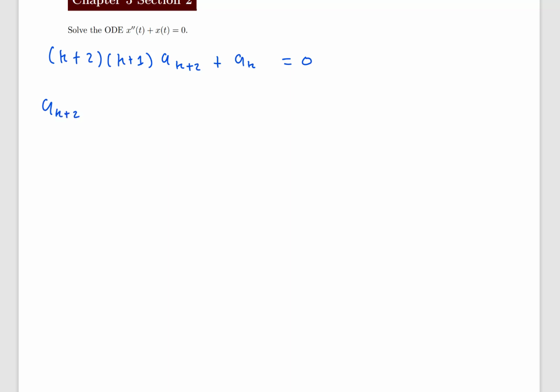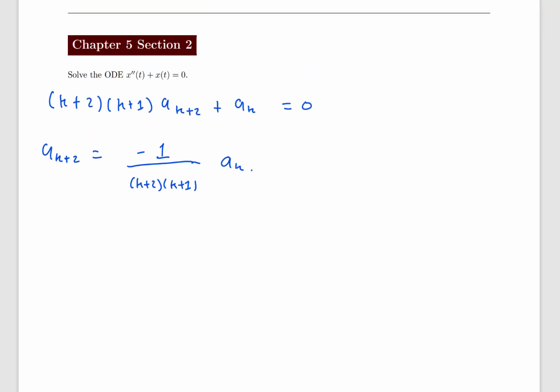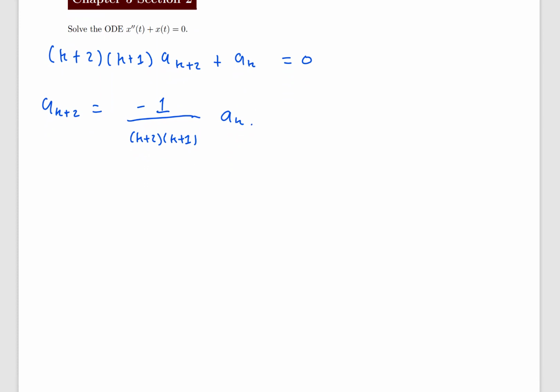Explicitly, we get a_{k+2} = -1/((k+2)(k+1)) times a_k. So a_{k+2} is defined in terms of a_k. What this means is that, in general, the terms of the sequence are defined in terms of the preceding terms of the sequence.